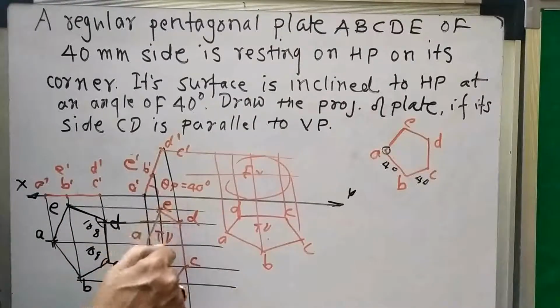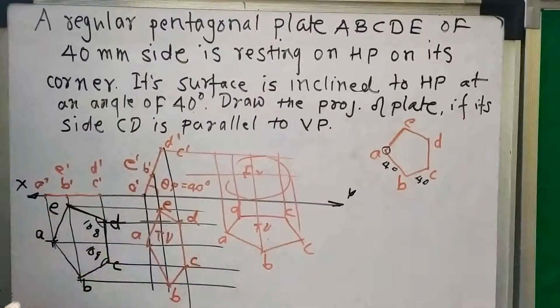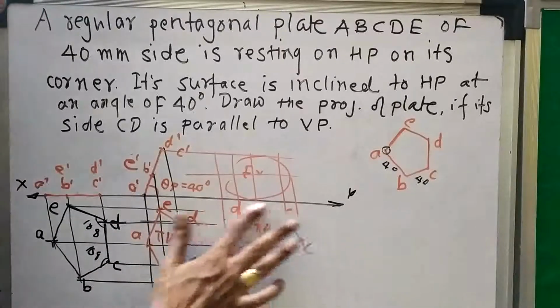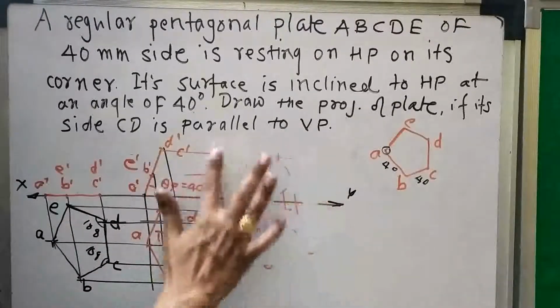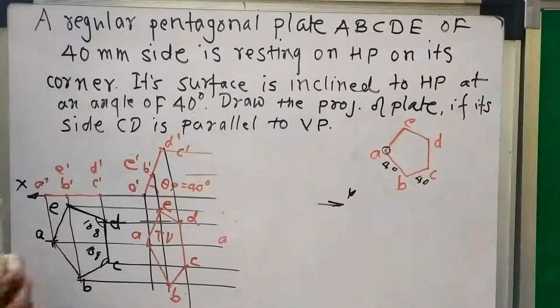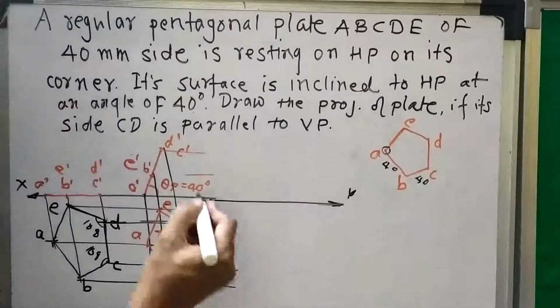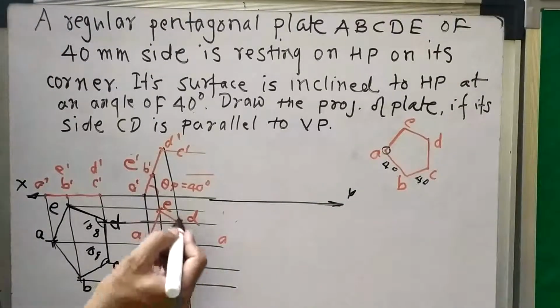So instead of that, I will make this XY parallel to CD and project it on it. So it becomes easy. So instead of reconstructing this, I will avoid this. Okay, and I will take new X1 Y1 line parallel to this CD.